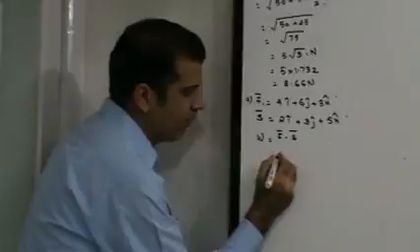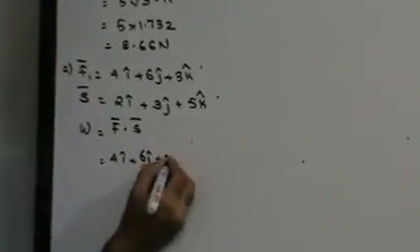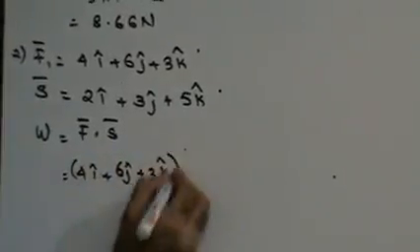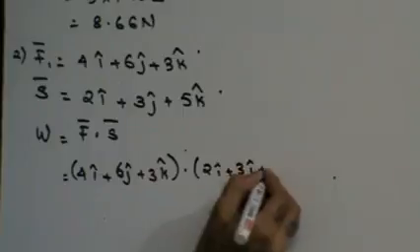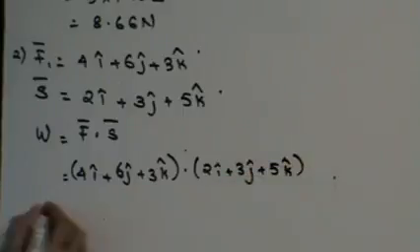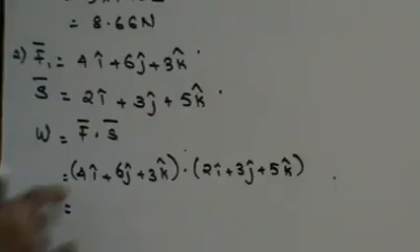So this is going to be 4i vector plus 6j vector plus 3k vector dot 2i vector plus 3j vector plus 5k vector. Now I had explained to you that when you are doing the dot product, you have to multiply only the magnitudes in the similar direction.